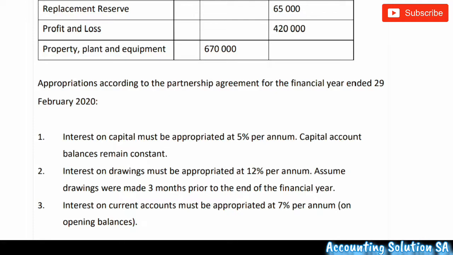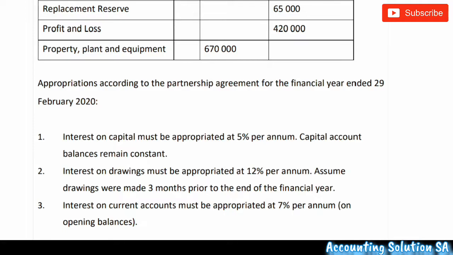Then number two, interest on drawings must be appropriated at 12% per annum, which means that if any partner has made a withdrawal, we are going to punish that partner with interest of 12%. Remember, interest on drawings is an expense to the withdrawer.